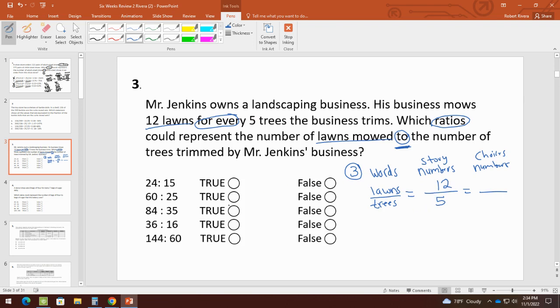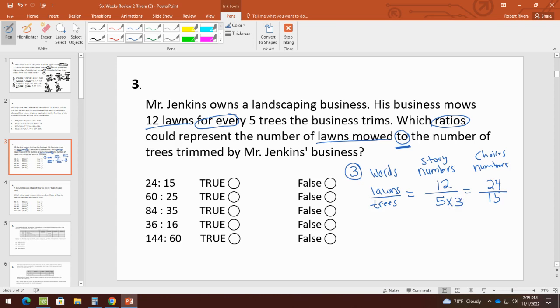Now I'm going to put the first choice, 24 to 15, here. 24 at the top because it was the first one in my ratio, and then 15 on the bottom, the second one. Now if you have choices, guys, we can do cross products if you want, or we can do it like elementary. In elementary, you would ask yourself, 5 times what gives you 15? You should know it's 5 times 3.